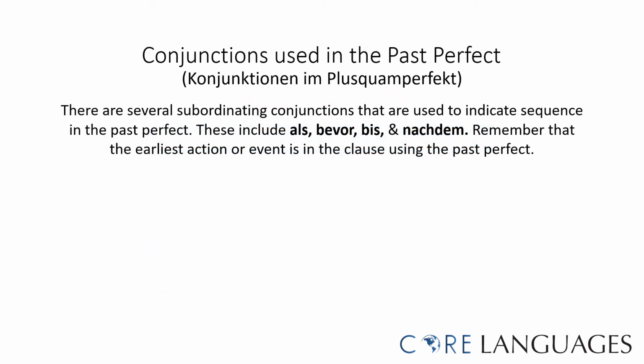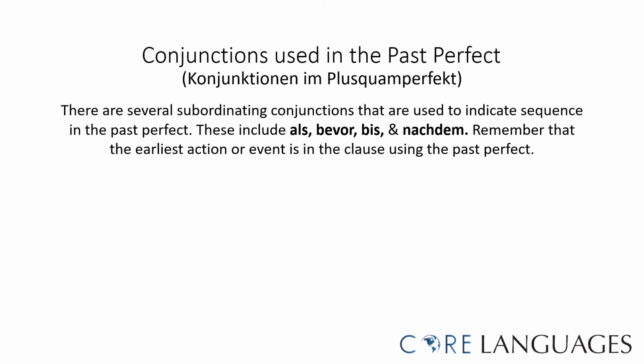Very often when making sentences in the past perfect, we use conjunctions because we're indicating a sequence in the past. Before something else happened, this happened. Or after this had happened, this happened. Common conjunctions to use with the past perfect are als, bevor, bis und nachdem.